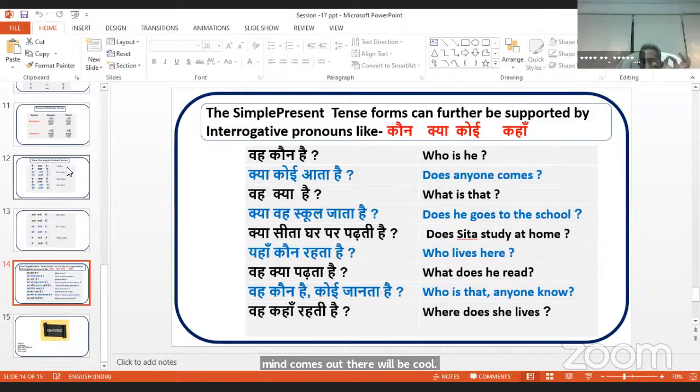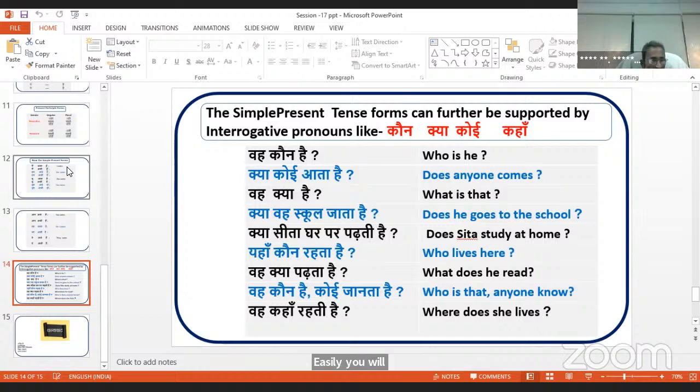I hope you will get enough practice regarding simple present tense forms. Go with the lessons, practice, repeat, and frame some sentences in simple present tense from your side. Easily you will get it. Just remember two things.